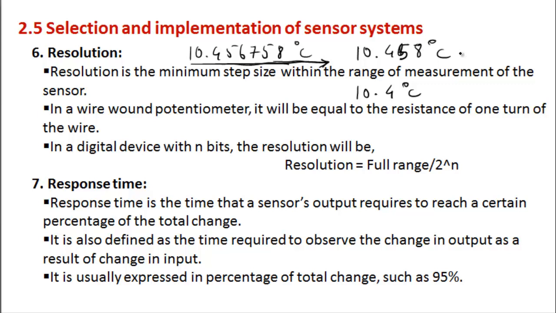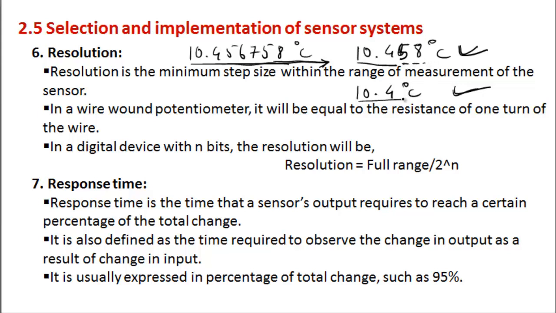So which reading is more accurate? This reading, or this reading? See, as far as accuracy is concerned, you can only say that here it is 10.4, here it is 10.4. The accuracy is almost the same. But the difference between these two is that the resolution has changed. That means it is giving you smaller values, the least count.